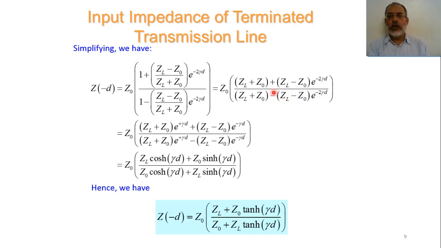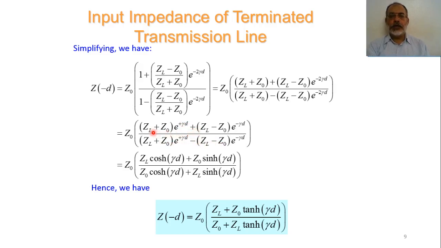Okay. Now by multiplying the numerator and denominator by e to the power gamma d, it would be Z load plus Z naught e to the power gamma d plus Z load minus Z naught multiplied by e to the power minus gamma d. And the same in the denominator, but with a negative sign.